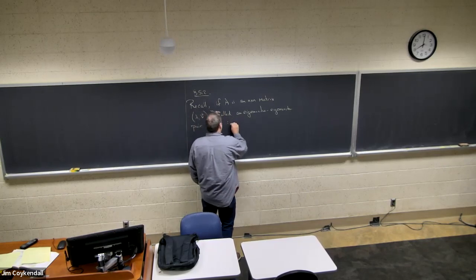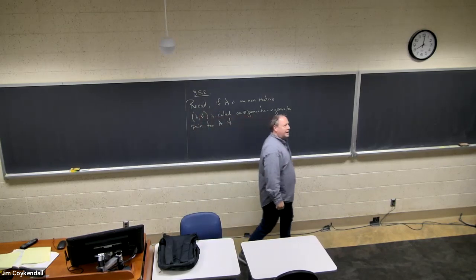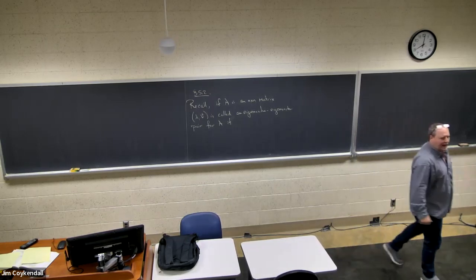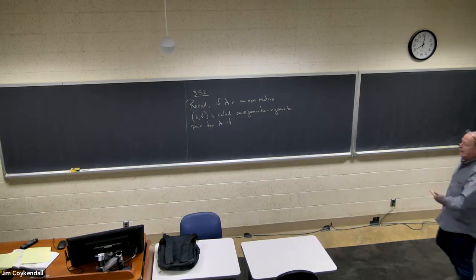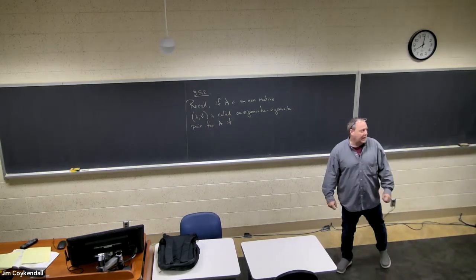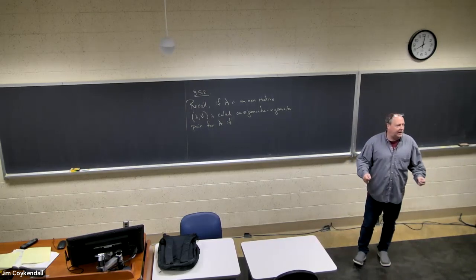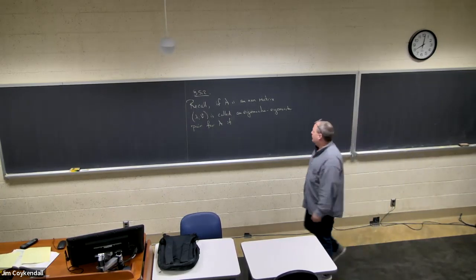Okay, last time, if you have your favorite n by n matrix, call it A, what does it mean for lambda, B to be an eigenvalue eigenvector pair? Lambda is a number and B is a vector.